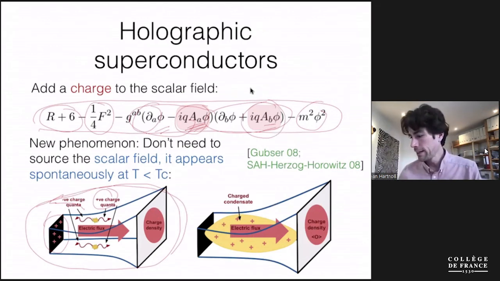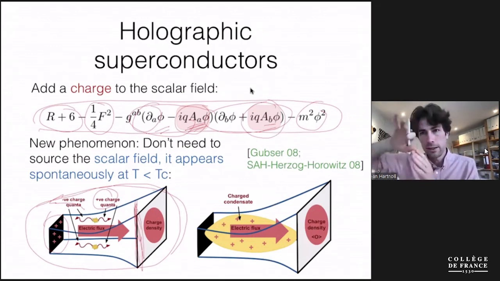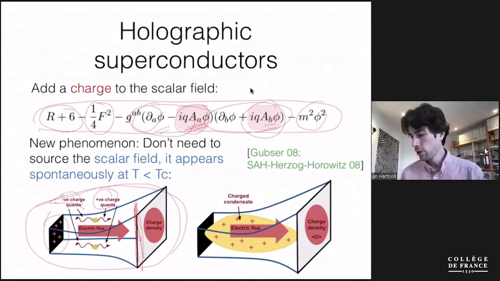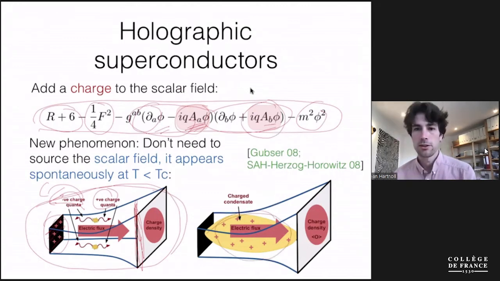But the boundary of AdS means that it can't escape to infinity, and so it sort of sits there. A bunch of charges go into the black hole, and they discharge the horizon. They neutralize the black hole, and you're left with the condensate that sits outside the black hole. This is called a holographic superconductor, and it's a form of hair on black holes in AdS.